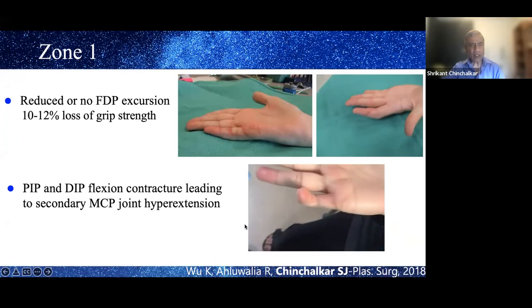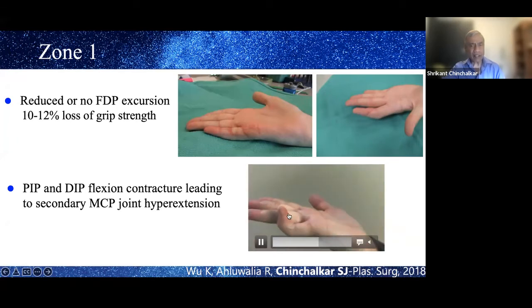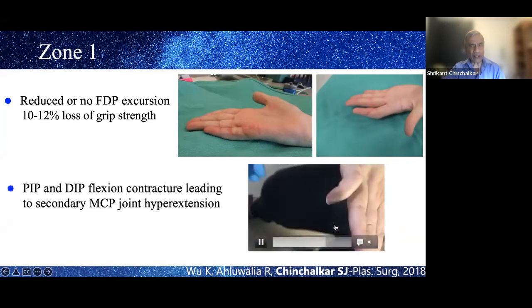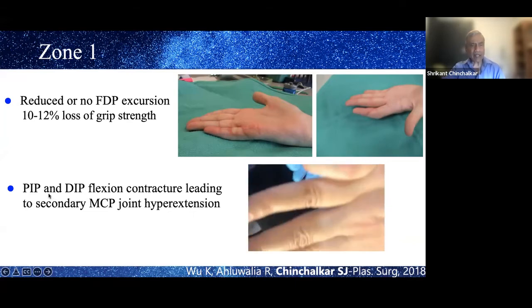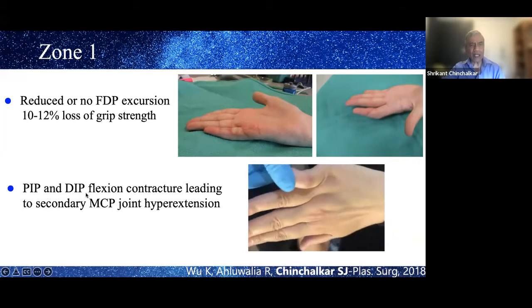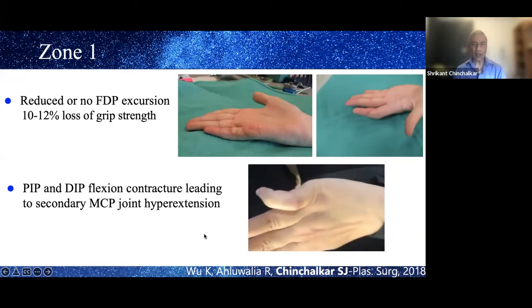In such situations, because of the proximal retraction and then the tendon repair, patients are likely to have PIP and DIP joint flexion contracture, which then leads to secondary metacarpophalangeal joint hyperextension. This is the combined force of the flexors and extensors causing the small finger to ride in hyperextension.